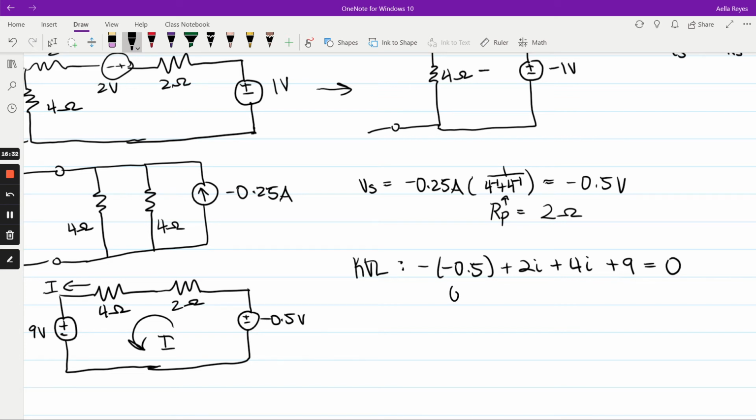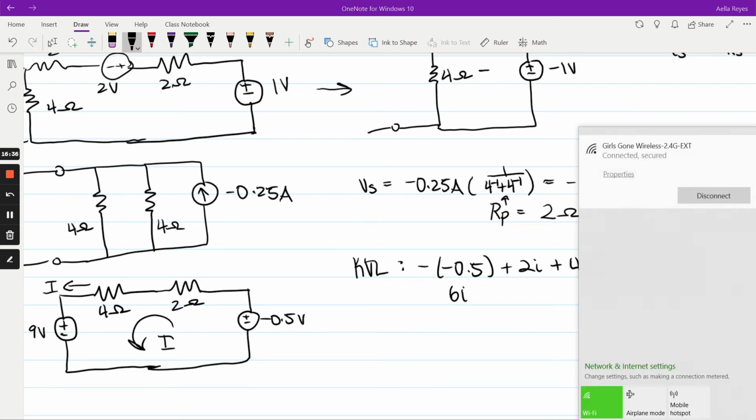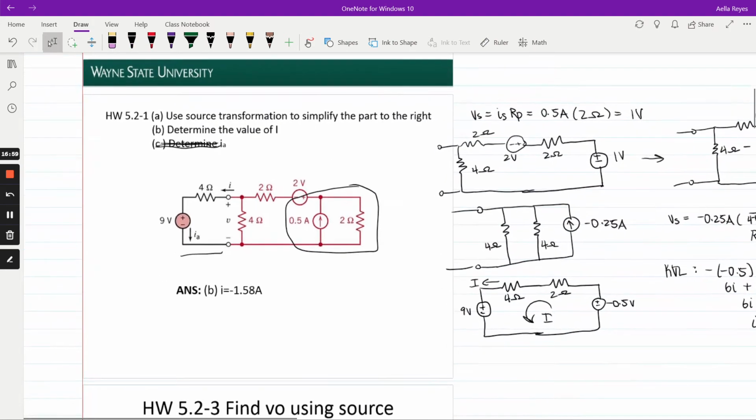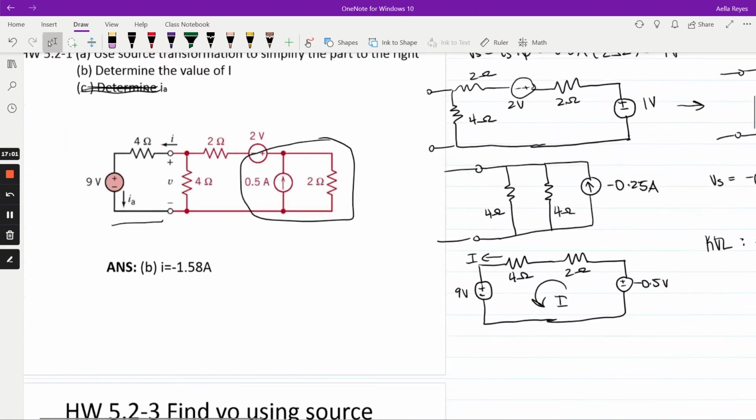So this is going to be 6I plus 9.5. 6I equals negative 9.5. I equals negative 1.583 amps. And that is what our answer is.